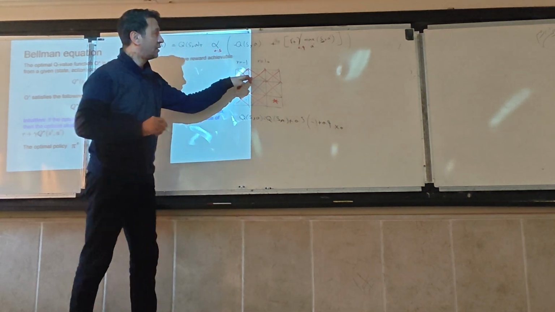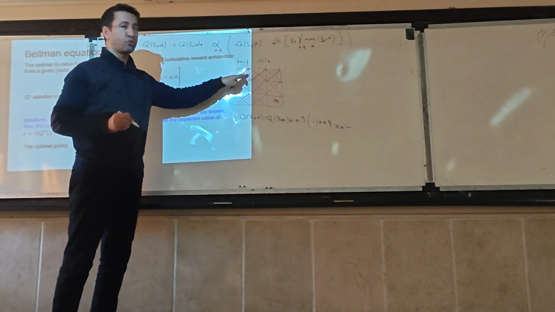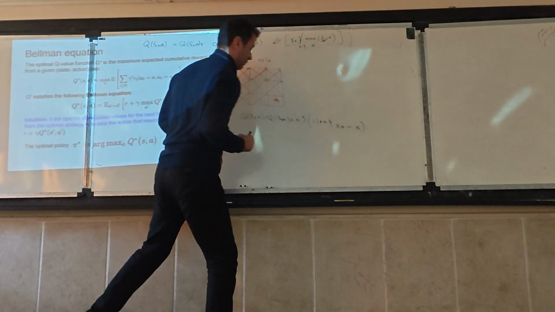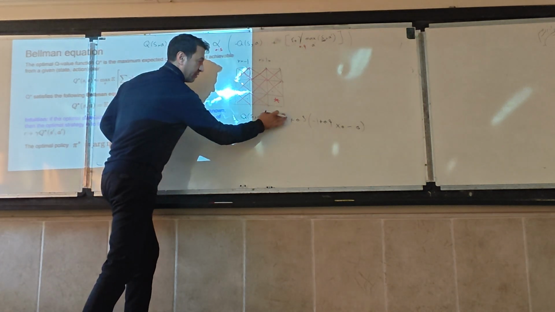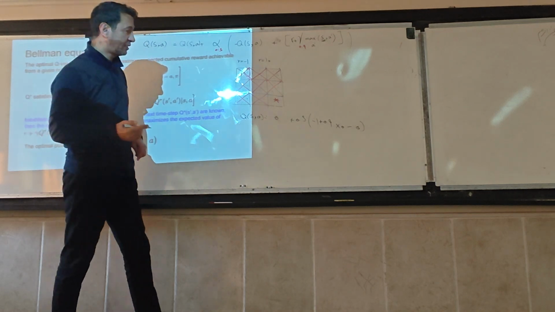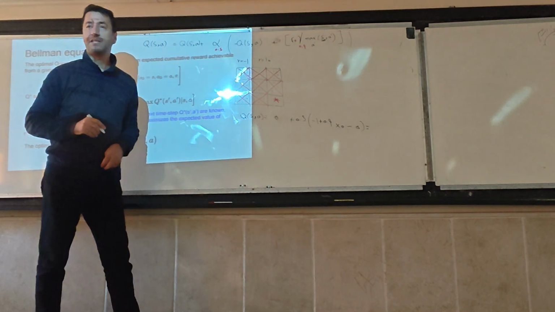Now, minus the previous value of this room. That's 0. So this one is also 0, the previous value of this. So it became minus 0.4.